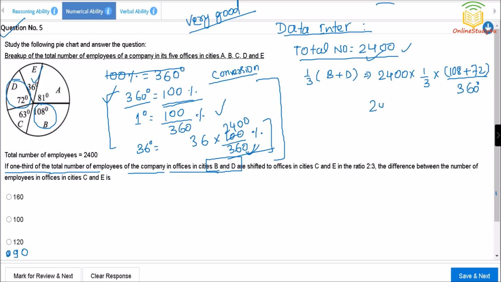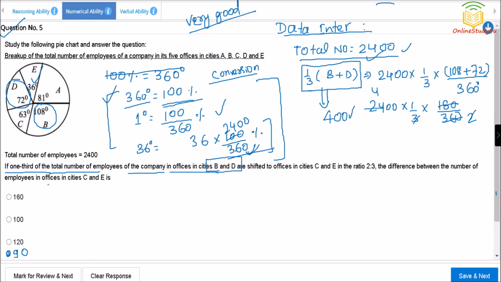So 2400 into 1 by 3 into 180 divided by 360. So this will become 2 times. 2 and 3 will be, 3 into 2 will be 6, 6 4 times. So 1/3 of the employees in B and D is equal to 400. Okay, that we got.